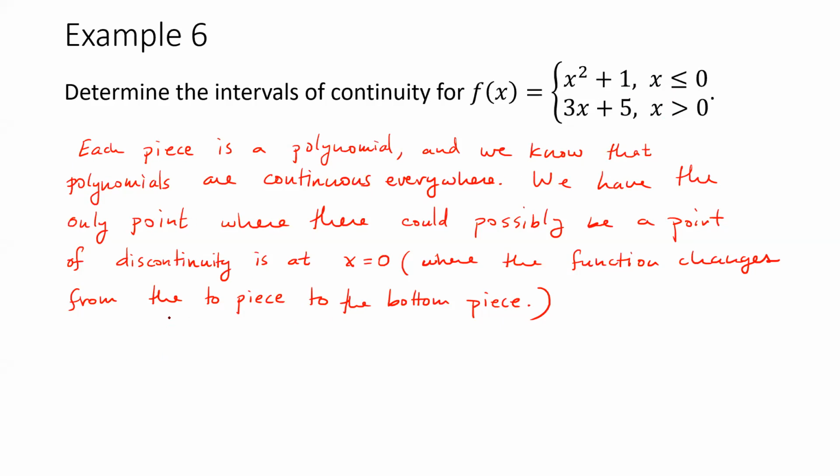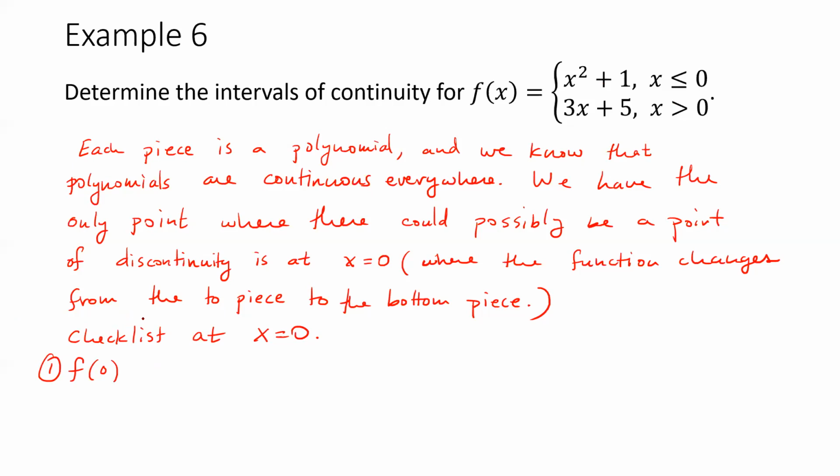So what we should think about is our continuity checklist. Remember, let's go through the checklist at x equals 0. First, we'll check, does the function at 0, can we get a value there?